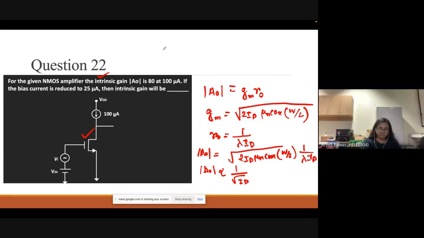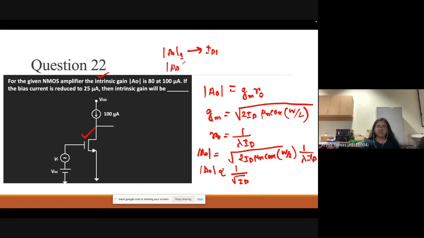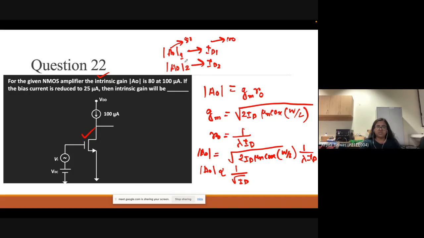So for the first case, A01, the current will be ID1, and for the second case, A02, it is ID2. Now for the first case, A0 is 80 for current 100, and in this case ID is 25.